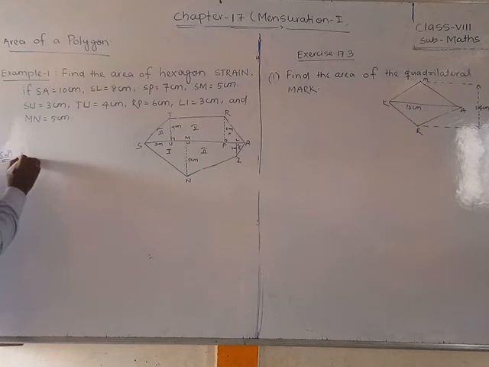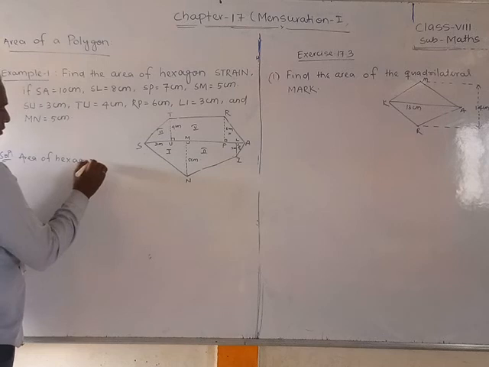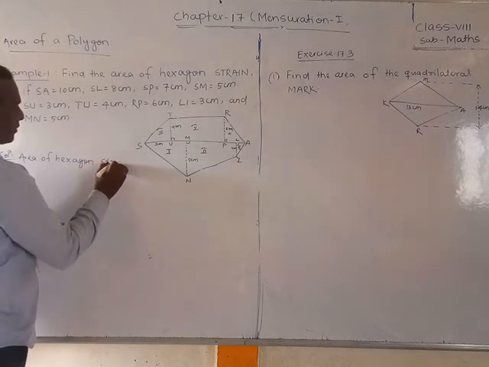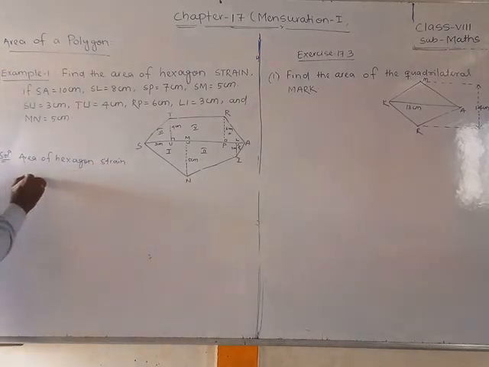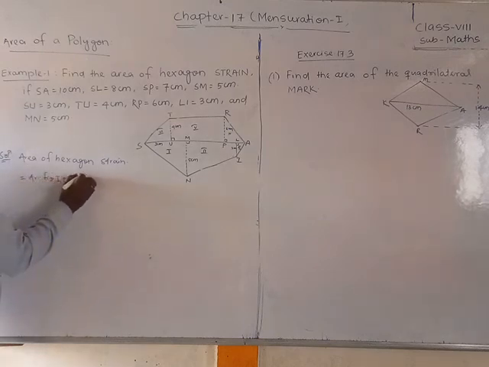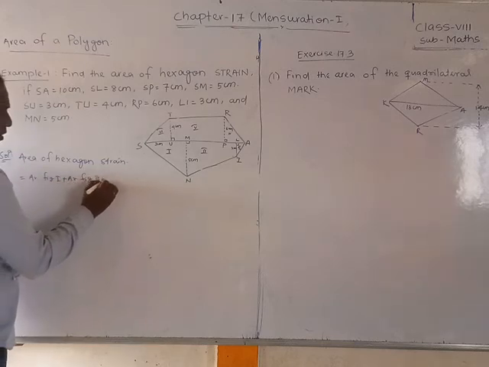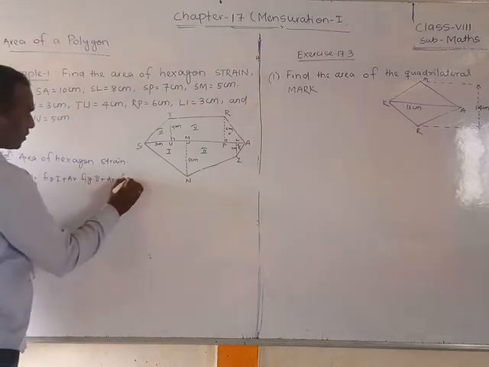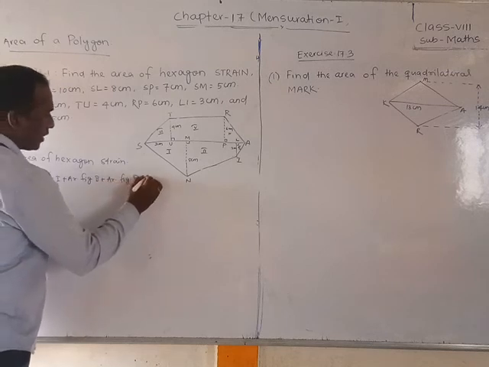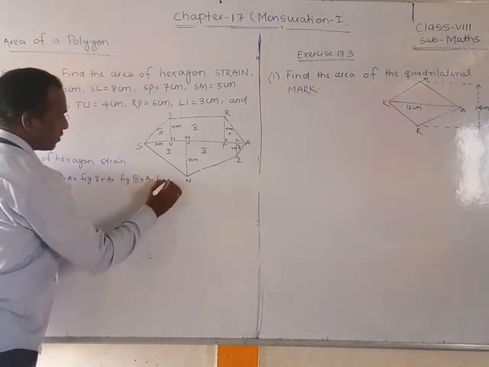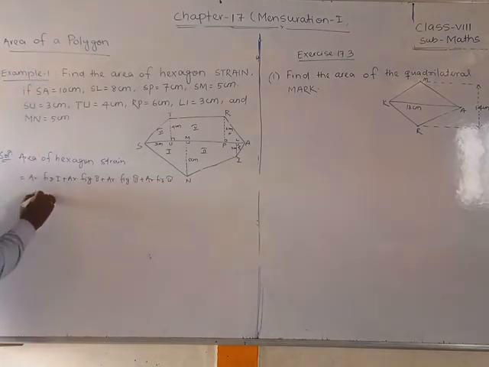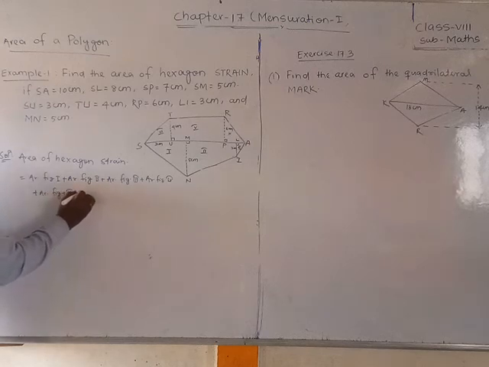So first of all, write the solution. Area of the hexagon is equal to area of figure 1 plus area of figure 2 plus area of figure 3 plus area of figure 4 plus area of figure 5 plus area of figure 6.